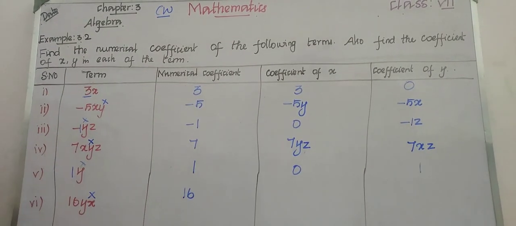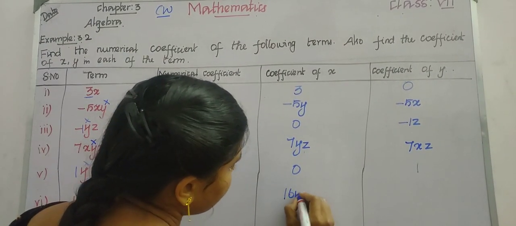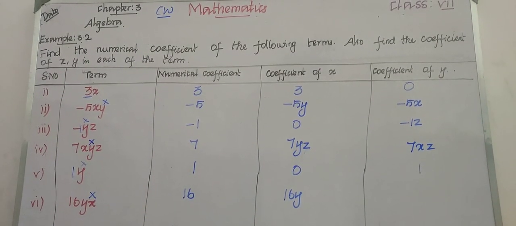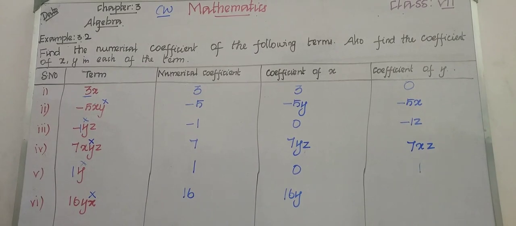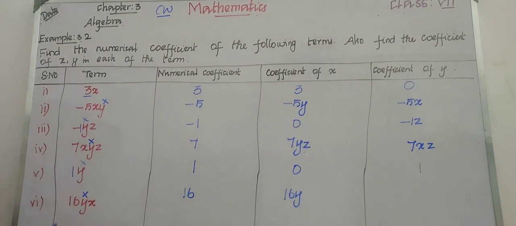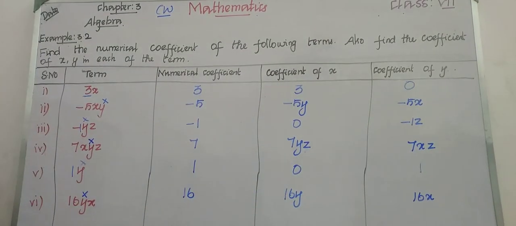We should leave this x, and the remaining is 16yz, so we write 16yz as the coefficient of x. Is it clear? And then what is the coefficient of y here? Leaving y, the remaining others are the coefficient of y. 16xz is the coefficient of y. Is it clear, children?